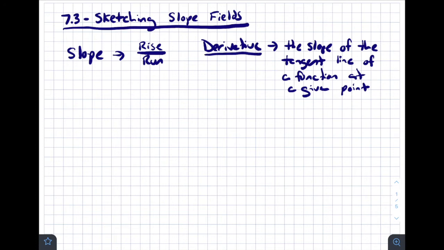And we've spent a lot of time this year talking about derivatives. All the chapters from chapters 2 through chapters 5 were all about derivatives and slopes. And so this is a concept that we've talked a lot about this year.